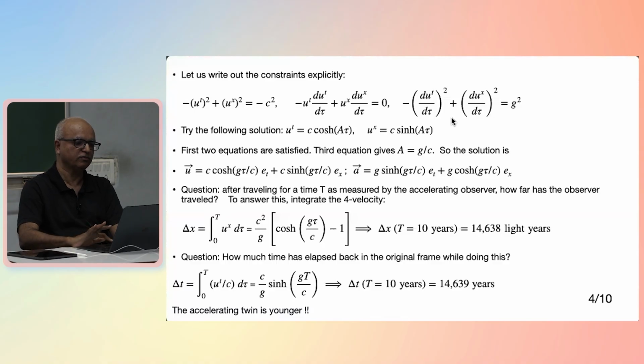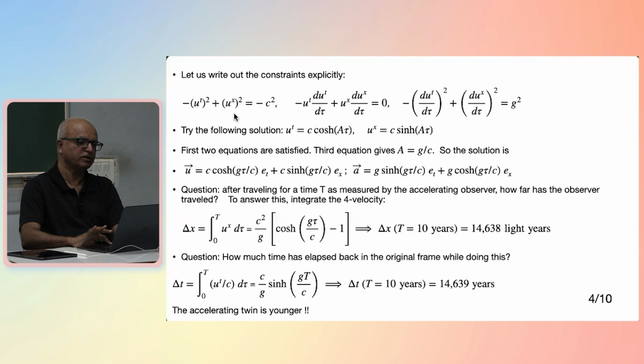Let us try the following solution. u^t is c times cosh a tau, u^x is c times sinh a tau. Let us put this solution here. Then cosh square minus sinh square is 1, okay, and there is a c factor in front.